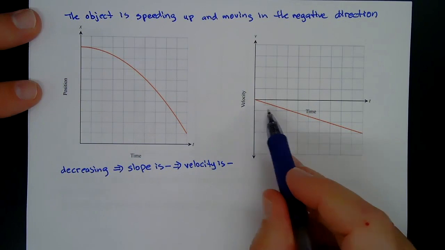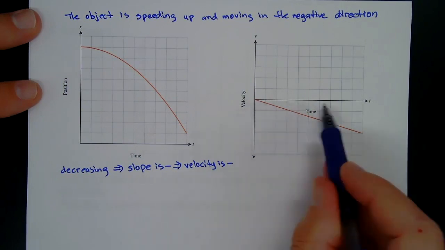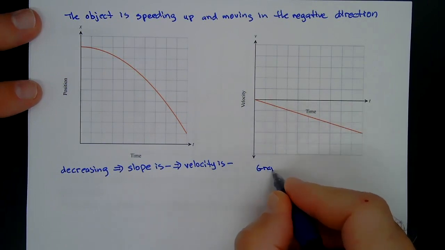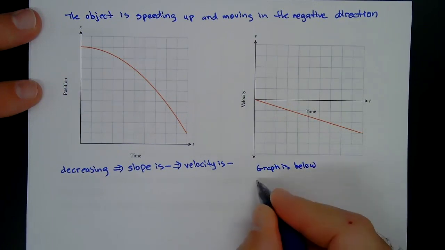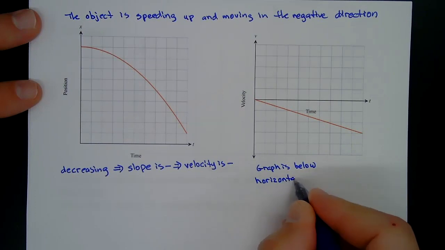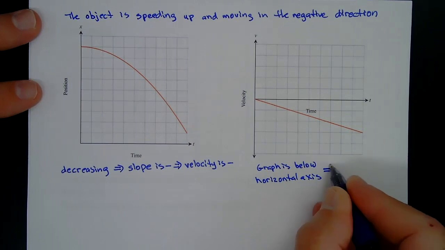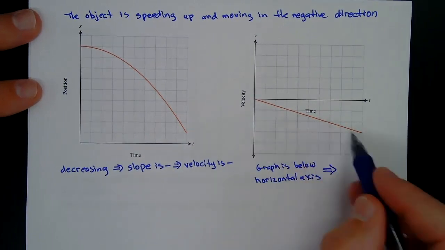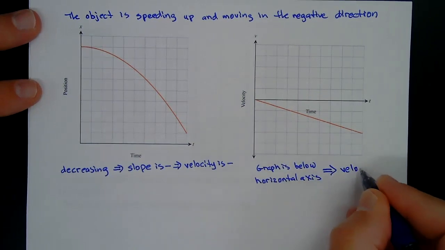Over here, I'm looking at the graph of velocity time, and it's completely below the horizontal axis. Because it's below the horizontal axis, that's telling me that all these velocity values, all the y values on here, are negative. Okay, so velocity is negative.